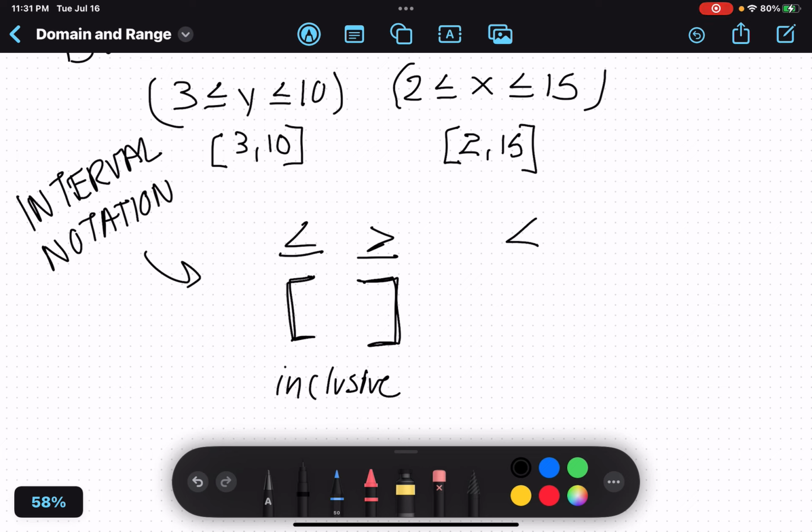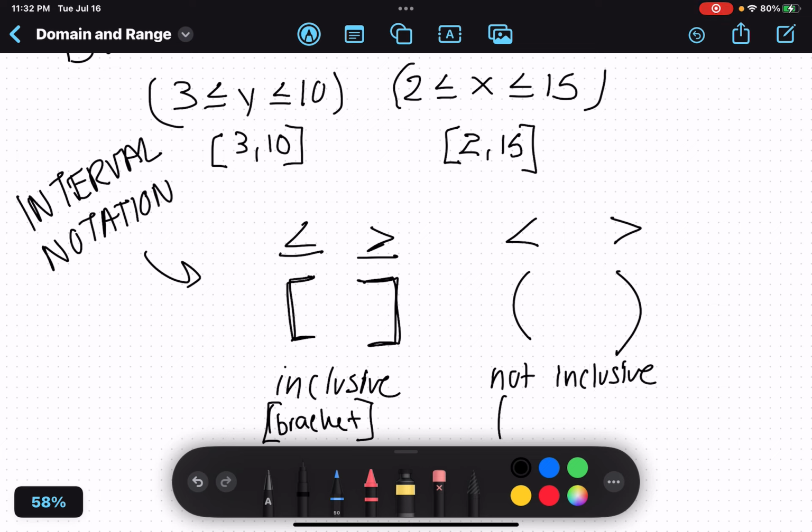So when you see less than or equal to or greater than or equal to, it's more rigid, and you use a bracket. And when it's just less than or greater than, you use parentheses. This is not inclusive. This is when you use parentheses.